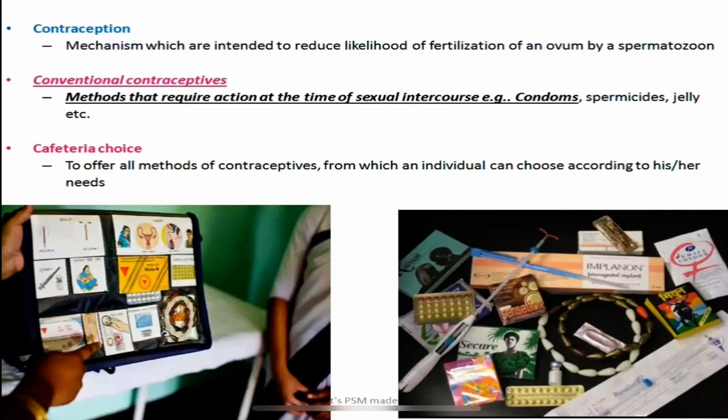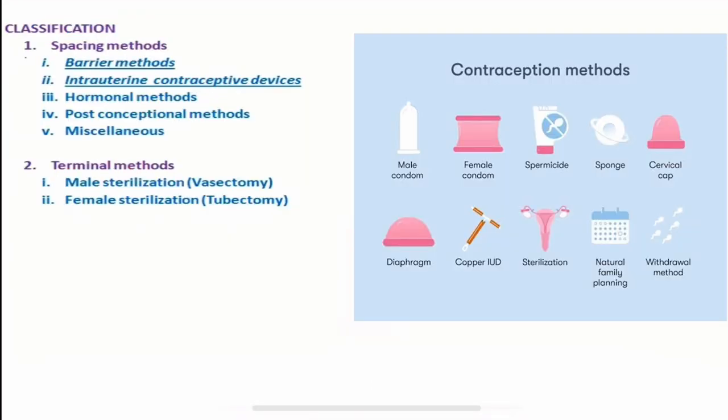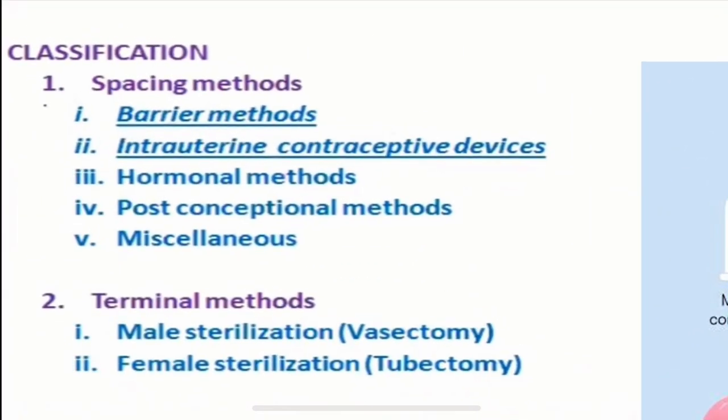Moving on to the classification of contraceptive devices, the methods are broadly classified into two groups: spacing methods and terminal methods. A spacing method is a temporary method used to space the children. If the couple wants a child in the second year of their marriage, then gives a gap of 3 years and has a second baby, the method used during the gap of 3 years is the spacing method, or temporary method.